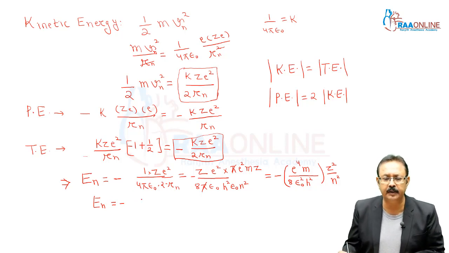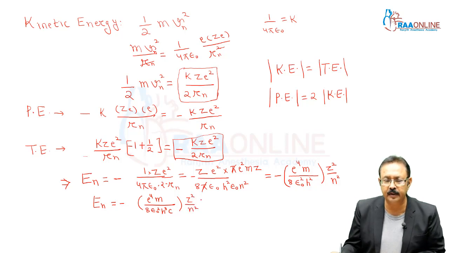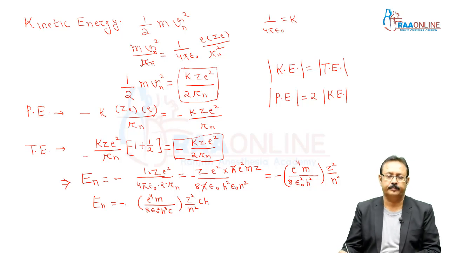What we get is e4 m divided by 8 epsilon naught square h square, and now it will become h cube c, z square by n square, times ch.